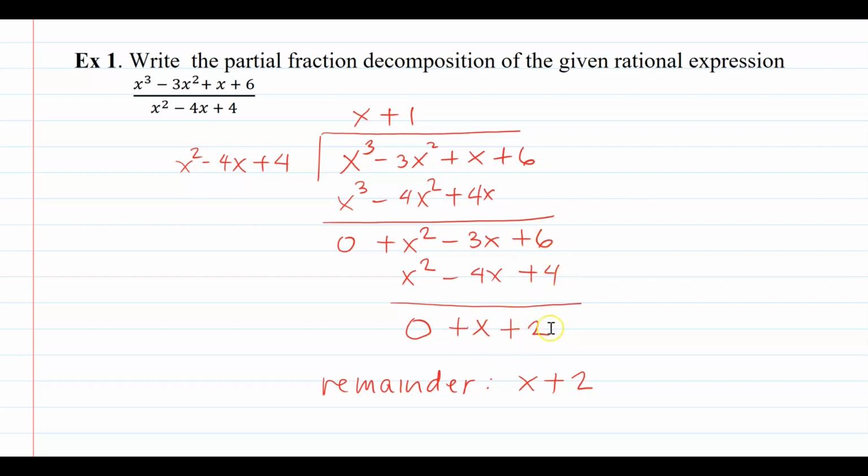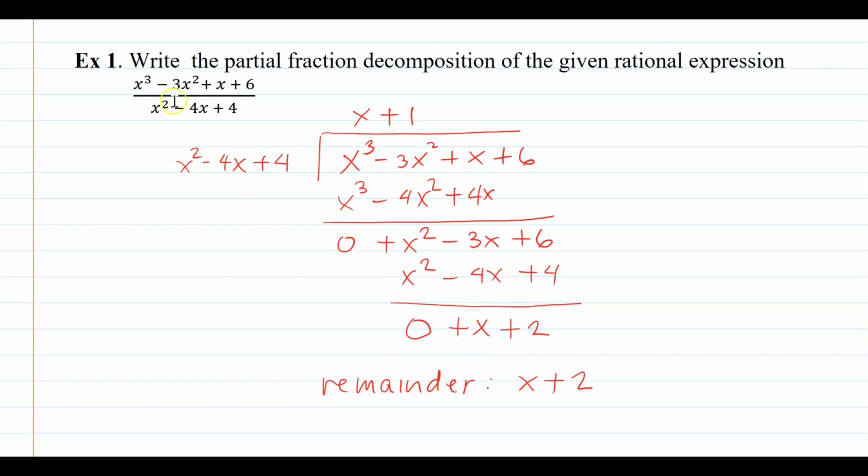We only stop this process when the degree of the result is less than the degree of the divisor. In this case, the degree of our result is 1 and the degree of our divisor is 2. So we stop the process and call this remaining expression our remainder.